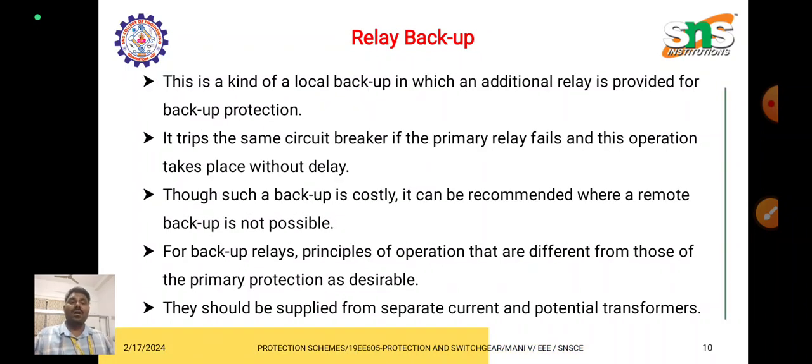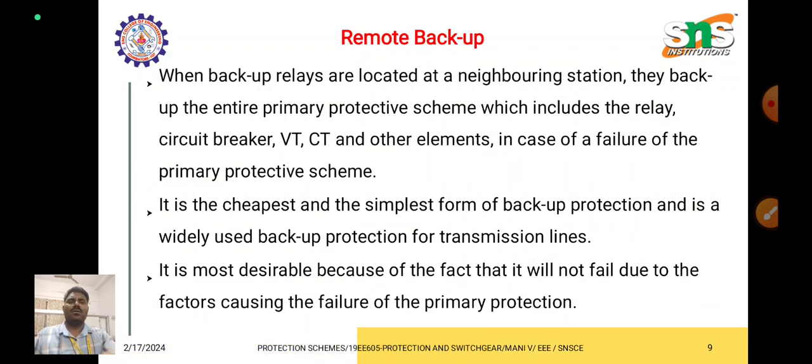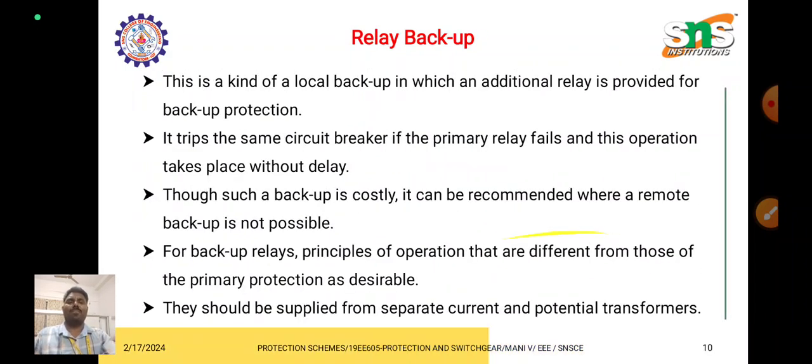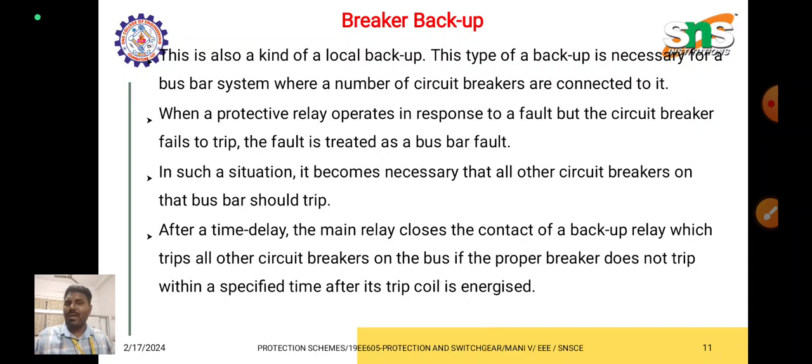A relay backup is a local backup which is located in the same station. Additional relays and additional CTPTs can be used, so the overall cost increases. It is applicable where a remote backup is not available. The next one is breaker backup.